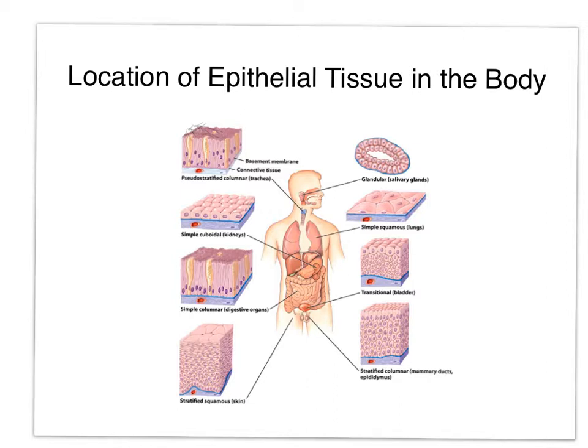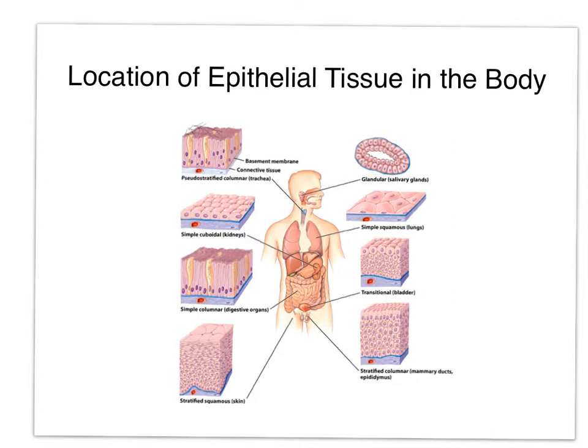So what happens is that as your bladder fills up with urine and it stretches out, these cuboidal cells will sort of stretch out themselves and become squamous. And then as your bladder drains when you pee, they rebound and change shape to become cuboidal again.